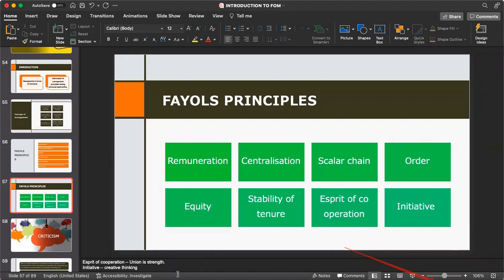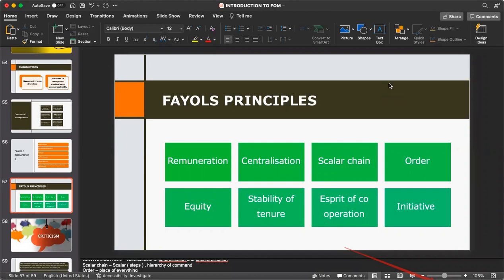Scalar chain, guys, is more associated with a step-by-step procedure to solve a particular problem or a particular project. That is called scalar, hierarchy of command.